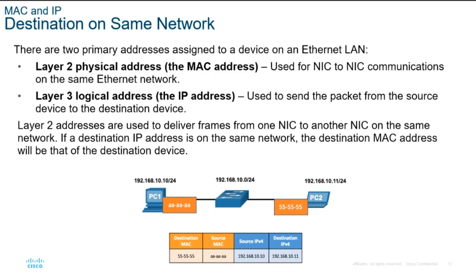The layer 2 destination and source MAC addresses, and the layer 3 IPv4 addressing, would be included in the packet sent from PC1. Yes, dito yung destination and source MAC address, also the IPv4 addressing, source and destination, para makapag-send dun sa PC2.